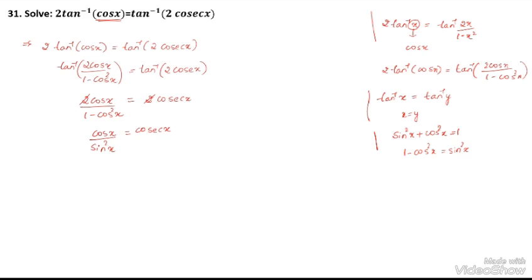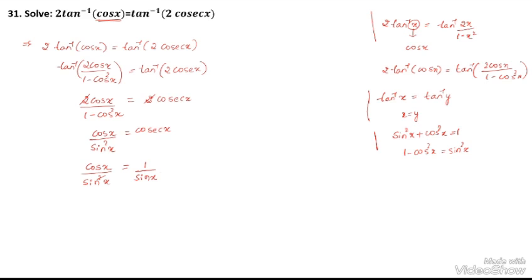Now cos x divided by sin square x. Same here, I can write the right side part. Cosec x can be written as 1 divided by sin x.